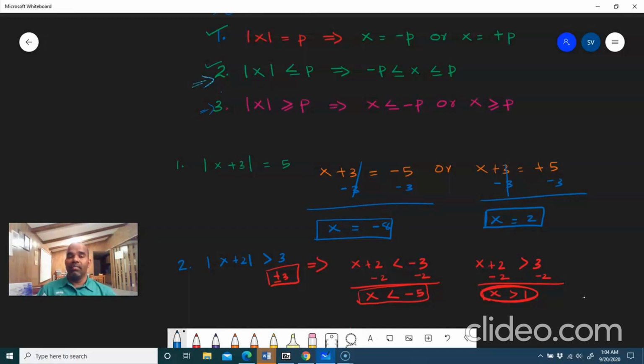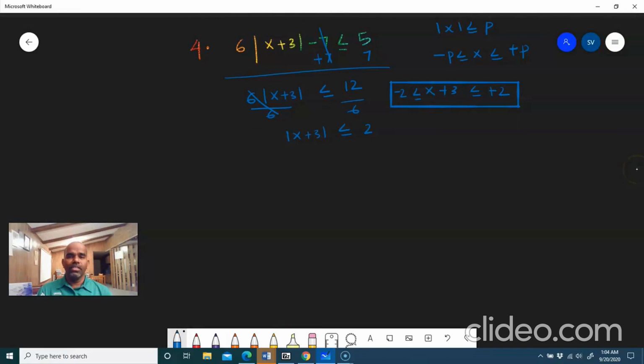Use the right hand side with its lower bound and upper bound as separate inequalities, that is x is less than or equal to negative p or x is greater than or equal to positive p.